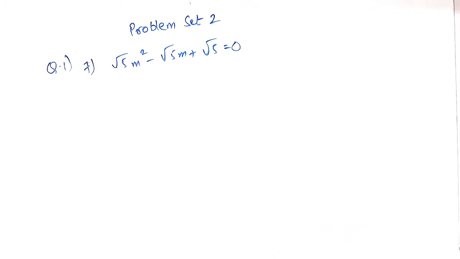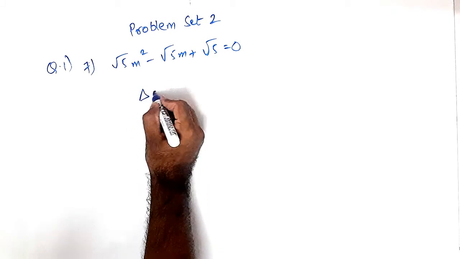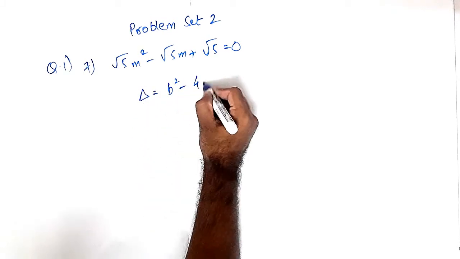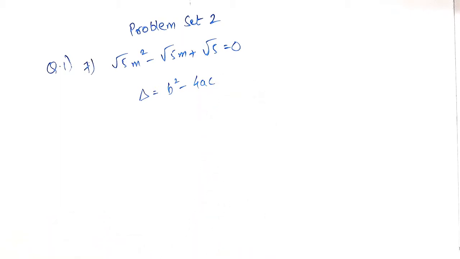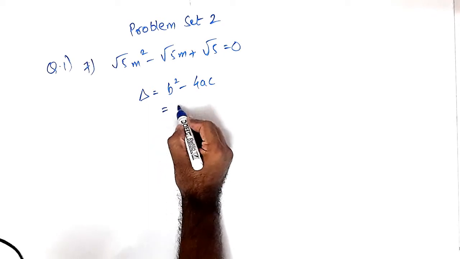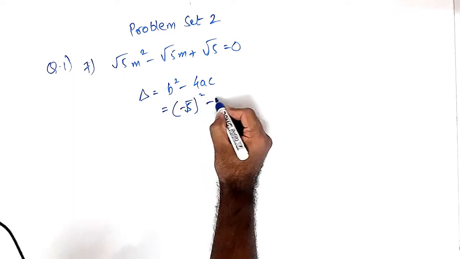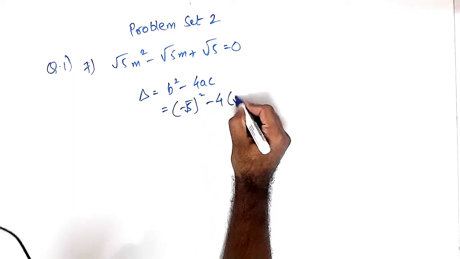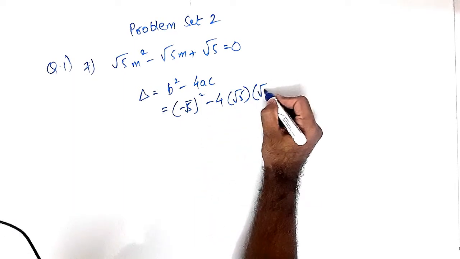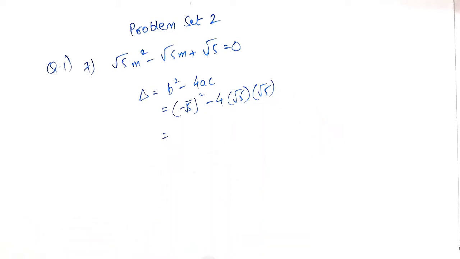So let us see the seventh one. They have asked which of the following statements is true. So we have to find the roots. We have to find the value of the discriminant, and then only we can say whether the roots are real and equal, real and unequal, or it has no real roots. So b square, I'll take minus root 5 square, minus 4, a is root 5, c is again root 5.